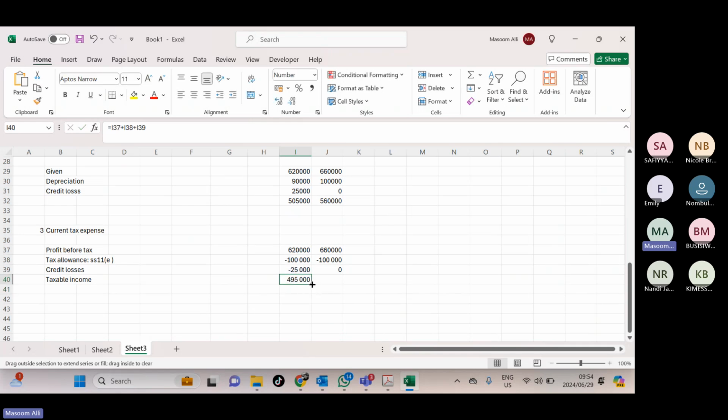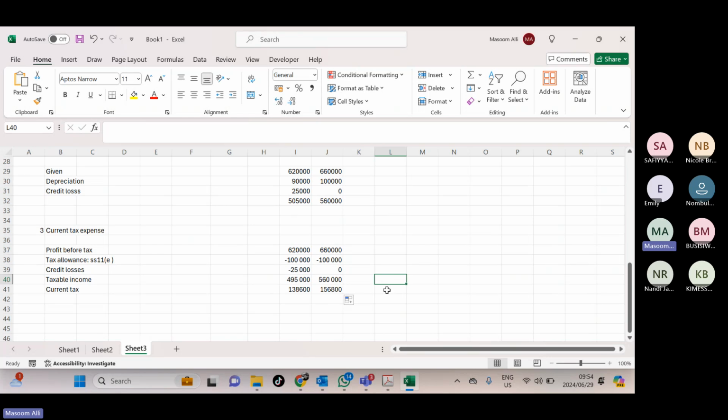That's 495, and then that is going to give us 560. From our 560, we then just calculate our current tax expense at 28%. So it's equal to this times 0.28 is 138,600, and it's 11568.